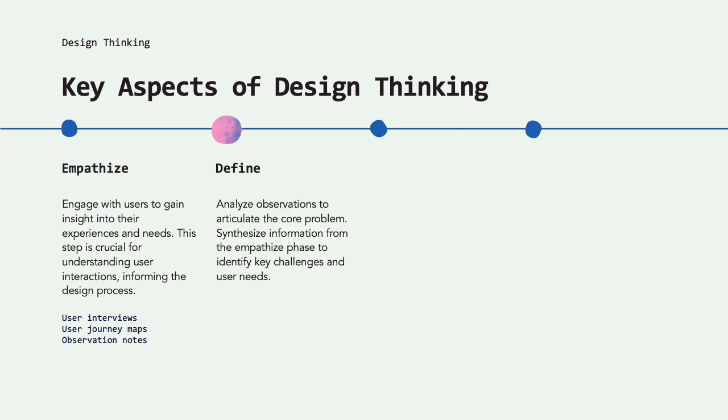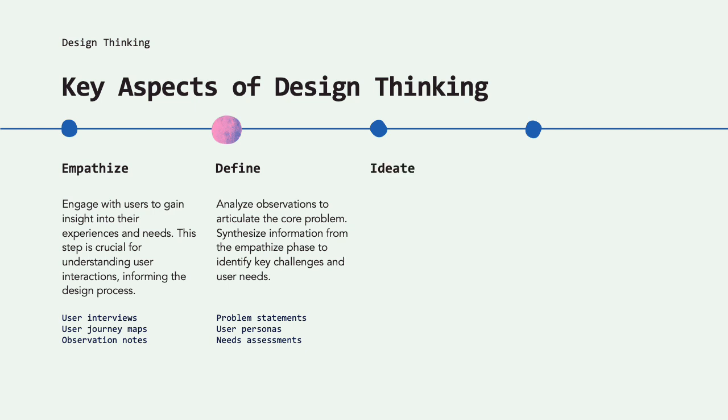Define. Analyze observations to articulate the core problem. Synthesize information from the empathize phase to identify key challenges and user needs. Problem statements, user personas, needs assessments. This is done in the define stage.